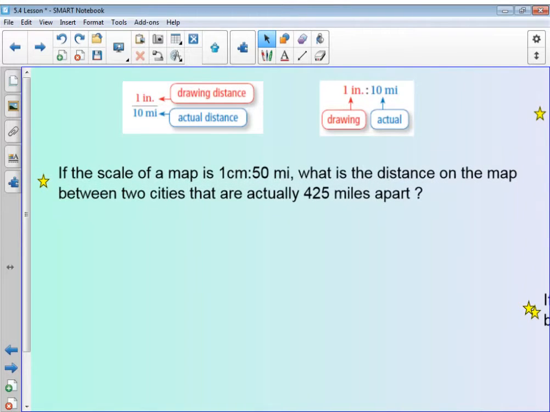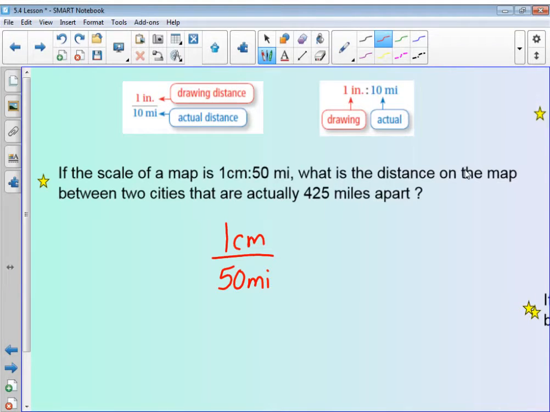Okay. If the scale of a map is, once again, 1 centimeter to 50 miles, what is the distance on a map between two cities that are actually 425 miles apart? So this would be where, if you're creating a scale figure, like you're creating the map, you have to understand how far apart you're going to place those figures on the map.